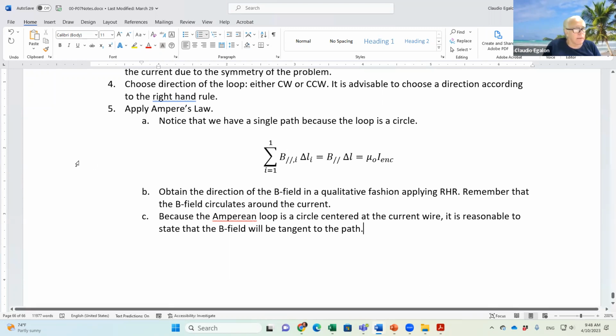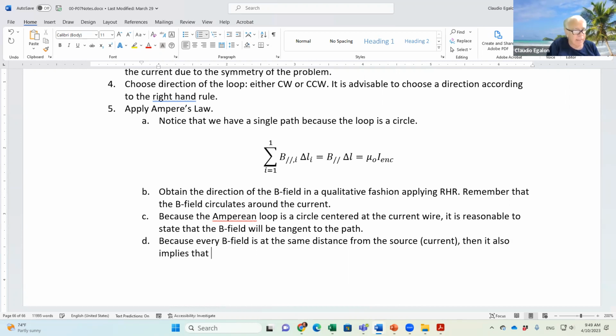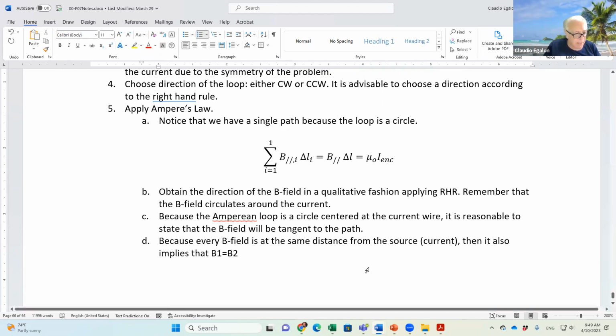And one more thing, because every B field is at the same distance from the source of the B field, the current, it also implies that B1 is going to be equal to B2, the magnitude, by the way.